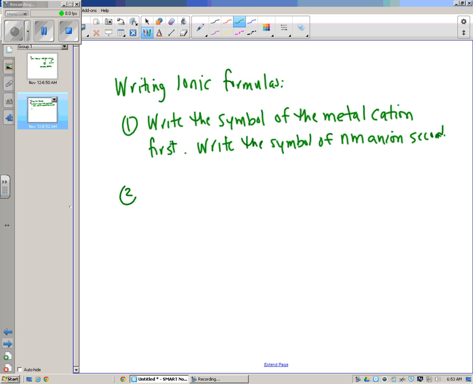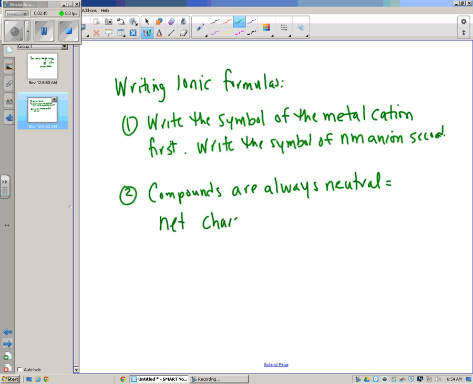Second, compounds. You'll never see a compound with a charge. Compounds are always neutral, or never charged. That means that the net charge on a compound is 0.